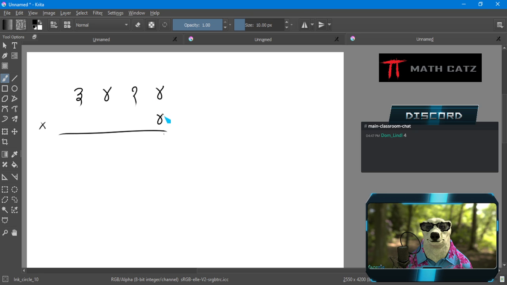Okay, 4 times 4. Okay, my numbers are a little bigger. Fair enough. 4 times 4 is 16. So now I have to split that up into groups of 5. 16 will make 3 groups of 5. That's not a very pretty 3, but I'll go with it. 3 groups of 5 and 1 left over.